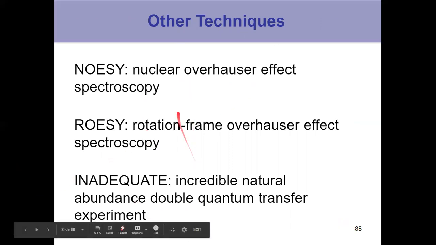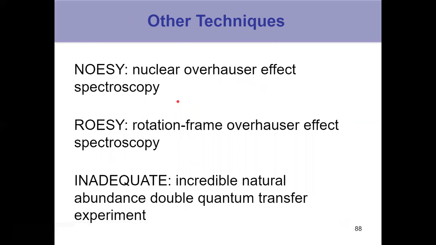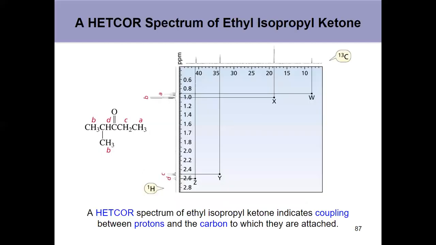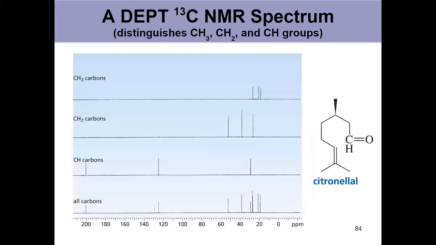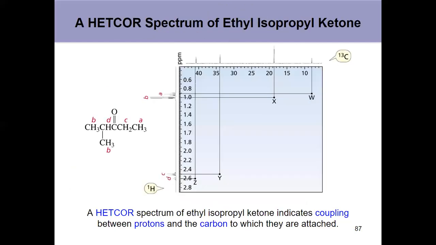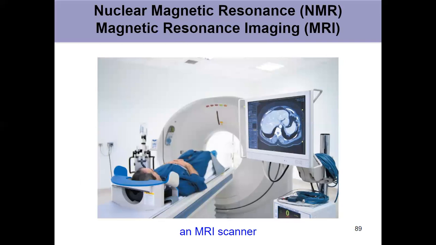The first two tell us proximity of hydrogens to one another, and INADEQUATE tells us carbons that are directly bonded to one another. But these tend to only be necessary for really complex molecules to figure out how they're folding, for example. And none of these would I expect you to know for a test, any of these, DEPT or COSY or HETCOR or NOESY, ROESY, INADEQUATE.